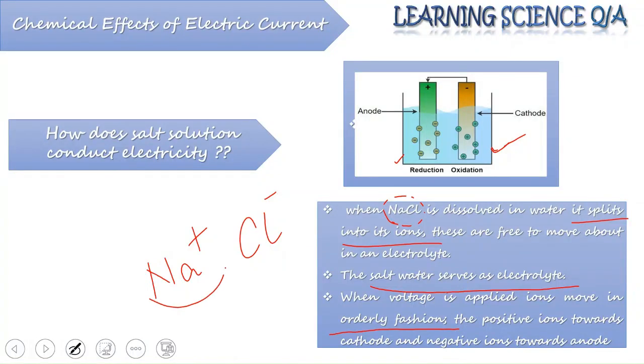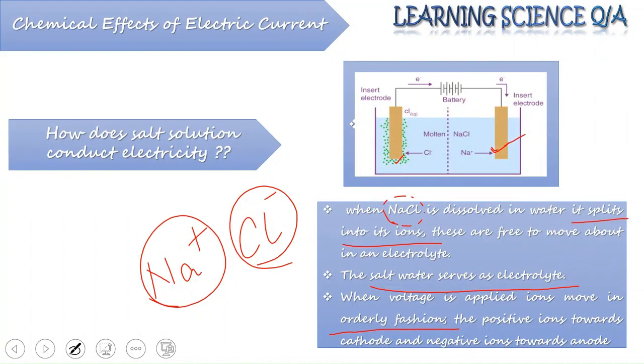That means the sodium will move towards the cathode, and the negative ion, for this example chloride, will move towards the anode. This is how this movement will take place. NaCl acting as the electrolyte or electrolyte solution. Once the voltage is applied, Na will move towards the cathode, and chlorine will move towards the anode.